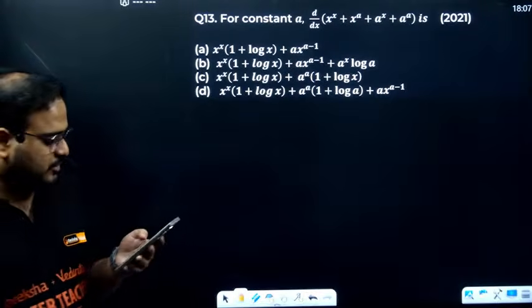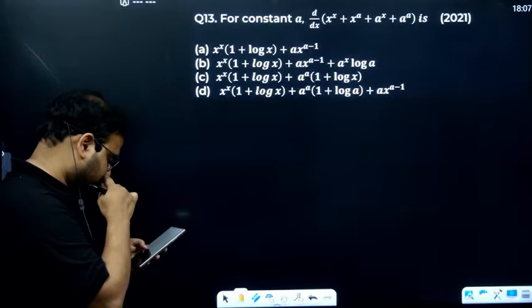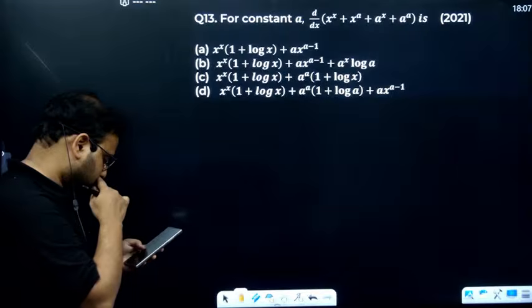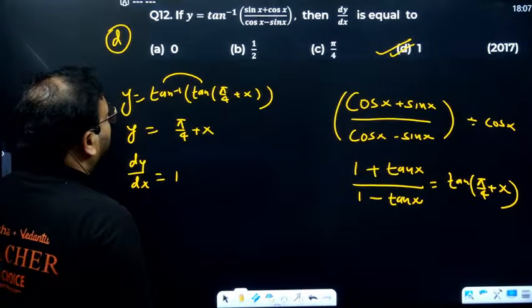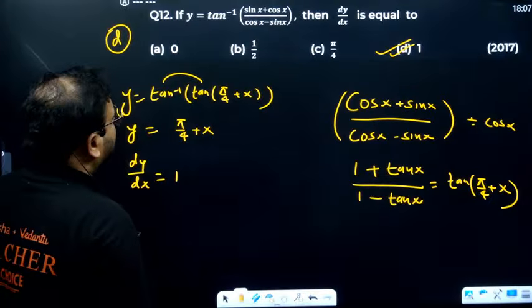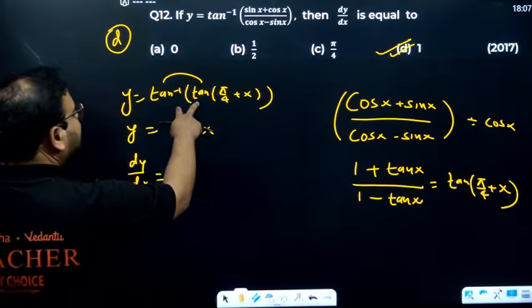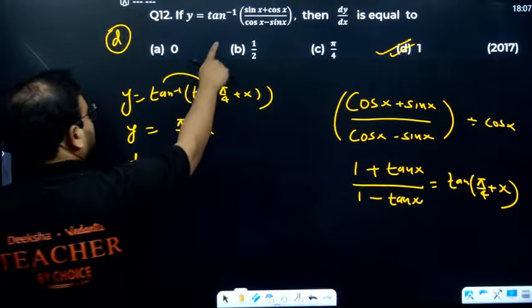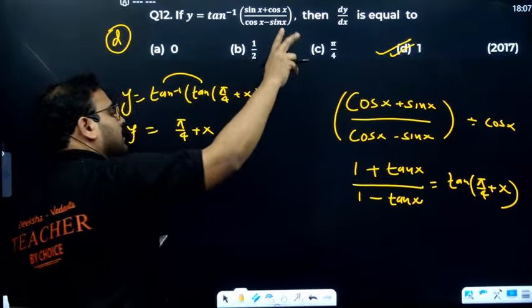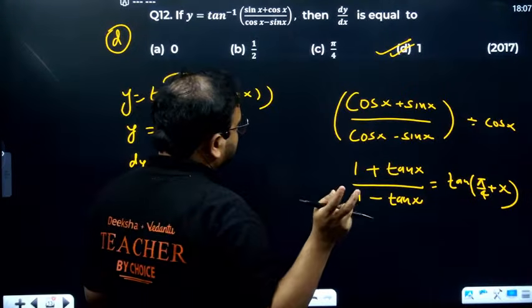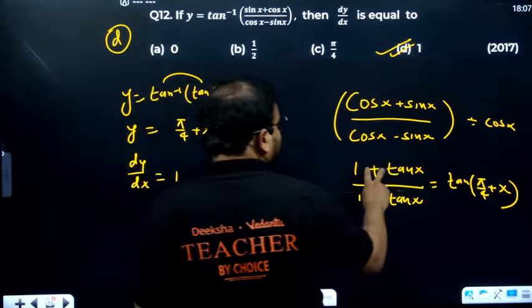Does anybody have a doubt in the previous question? How about taking the sign common from the bracket? From where, this bracket or this bracket? Actually, we are getting it in this form.